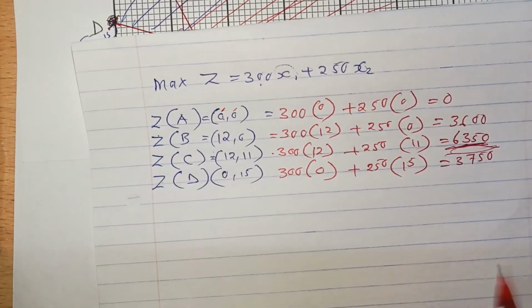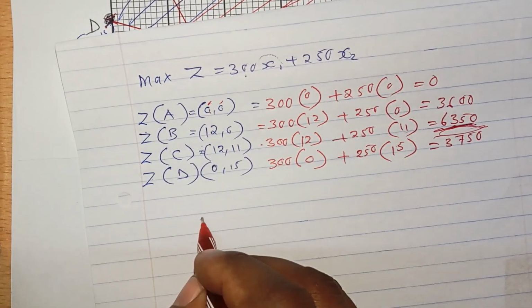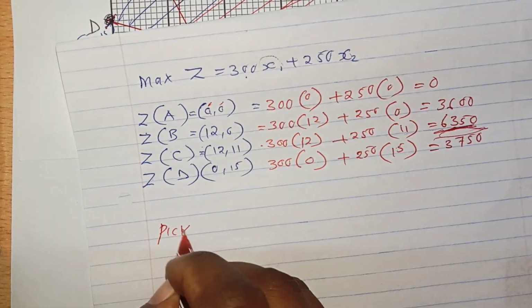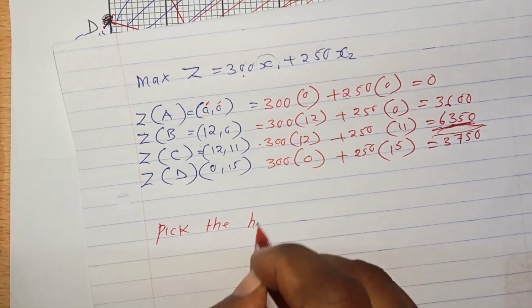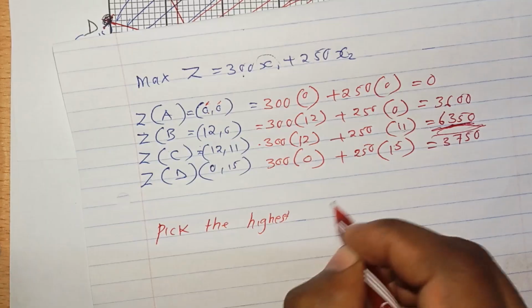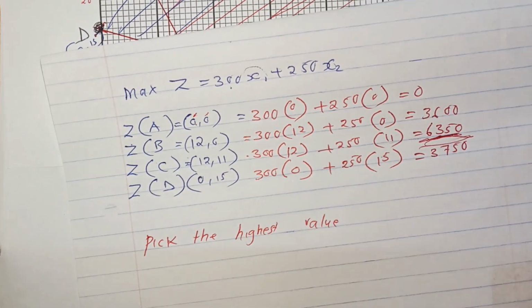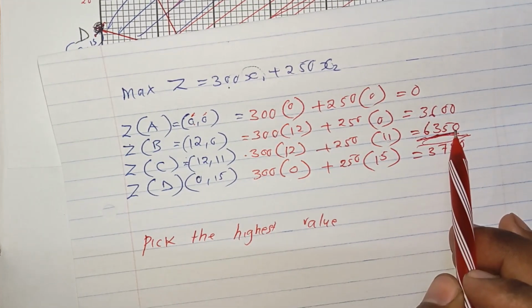So you pick the highest value. In this case, the highest value is 6350.